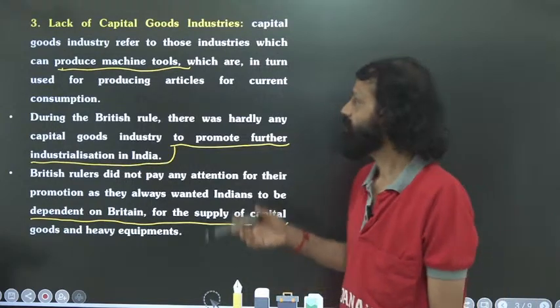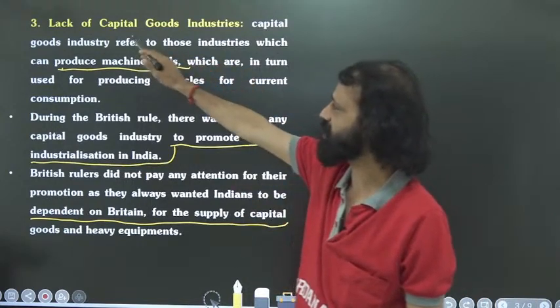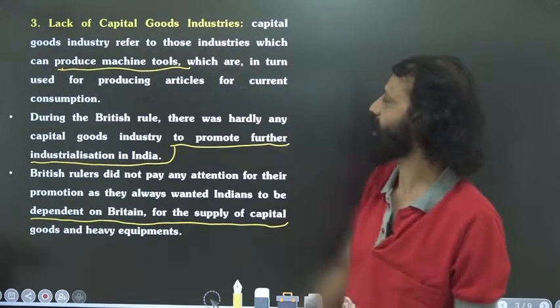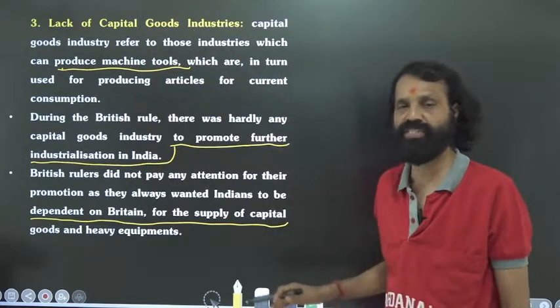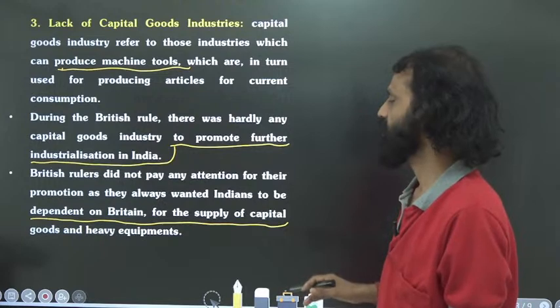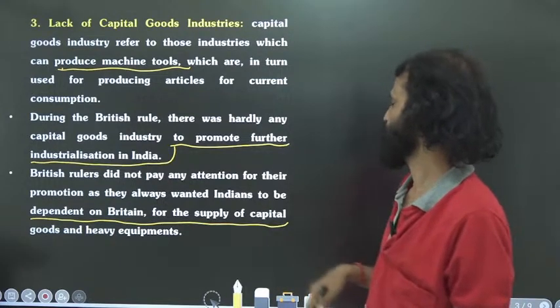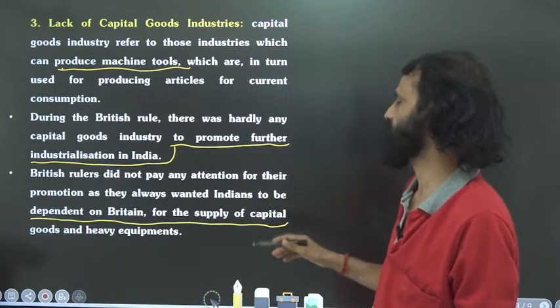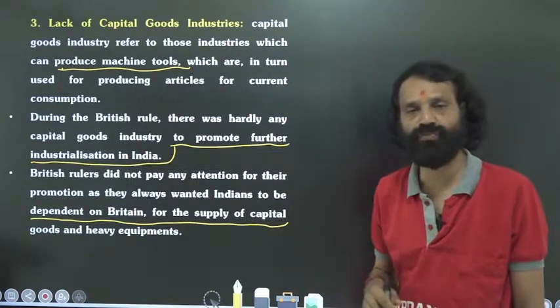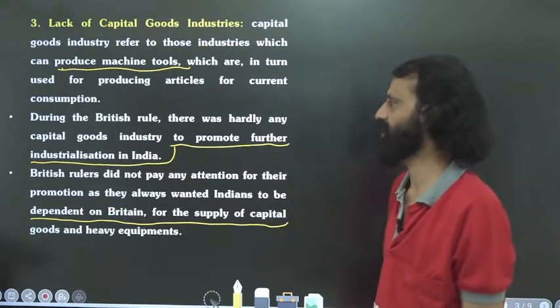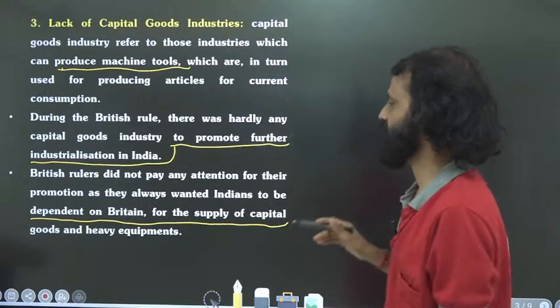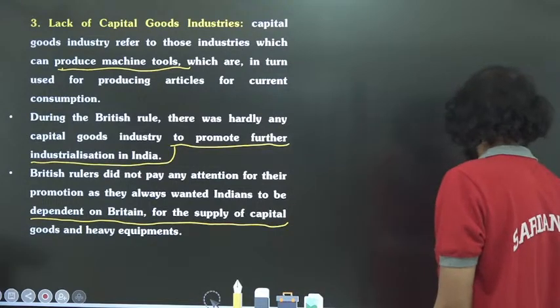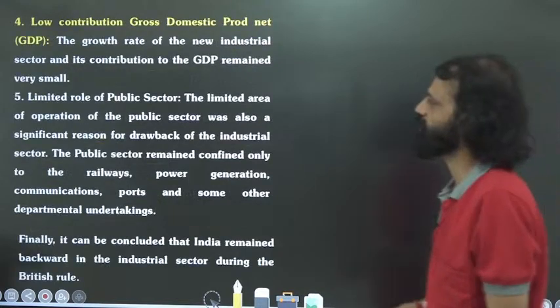They didn't make any changes in the capital goods and capital resources. They didn't invest anything at all. Why? Because they wanted to sell more capital goods and heavy equipments from Britain. That is why they didn't promote industrialization in India. Then we can move on to the next point.